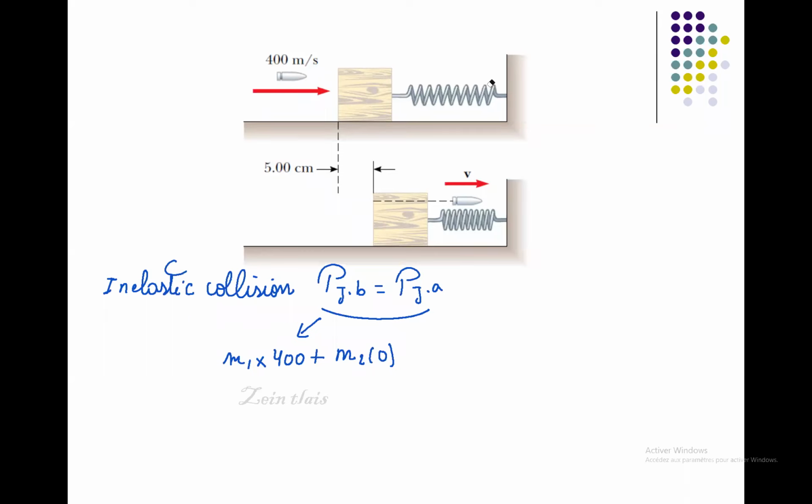the bullet is moving away, and here the block starts to move with V2 prime. And here the bullet is moving away with V. This is the case just after the collision.